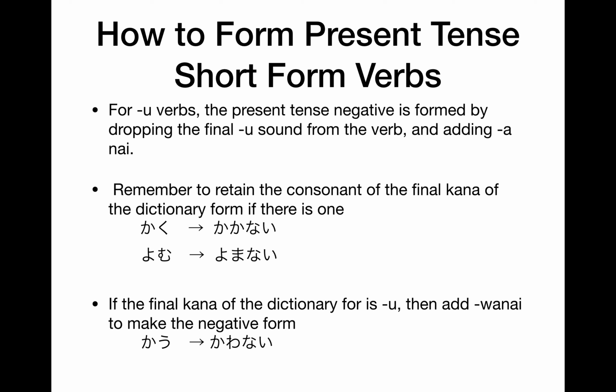To not write. Yomu becomes yomanai, oyogu, oyoganai, etc. If the final kana of the dictionary form is an u, as in au or kau, then you have to add a w sound in, and that becomes wanai. So kau becomes kawanai, au becomes awanai.